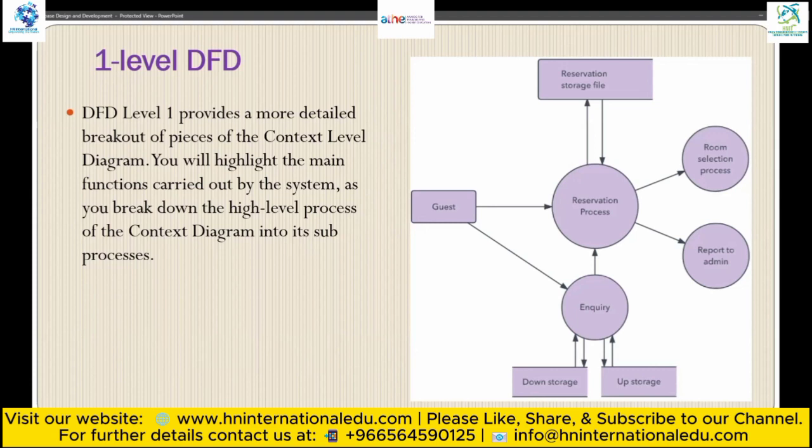Yeah, but there are some systems that we cannot define up to three levels of DFD, maybe a weather forecasting system. There are some security systems or software that cannot show your third level DFD. They will only show up to first or second level DFD.